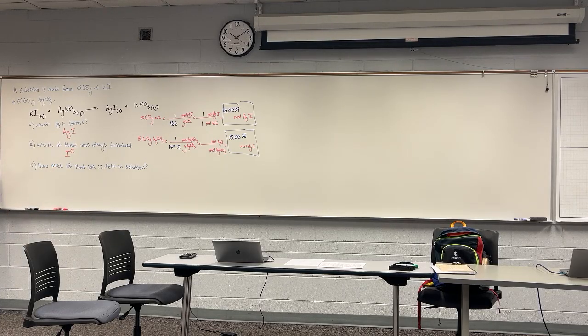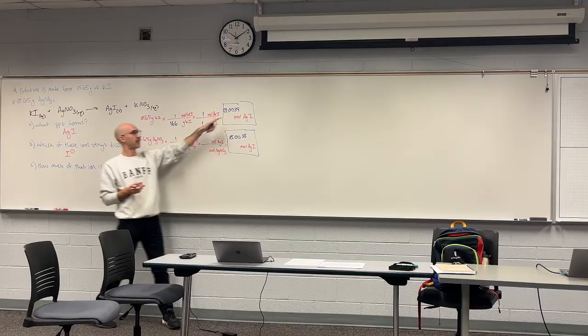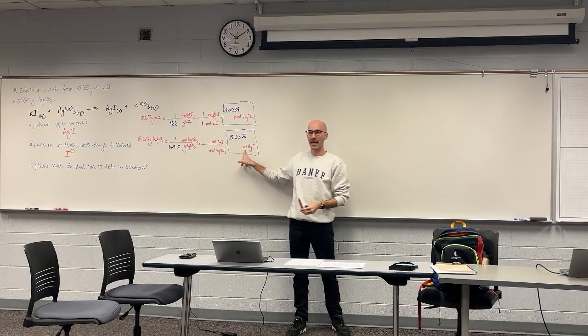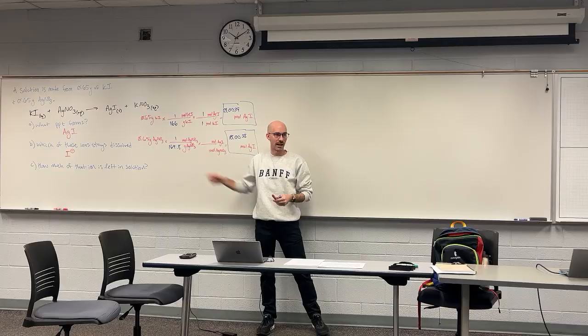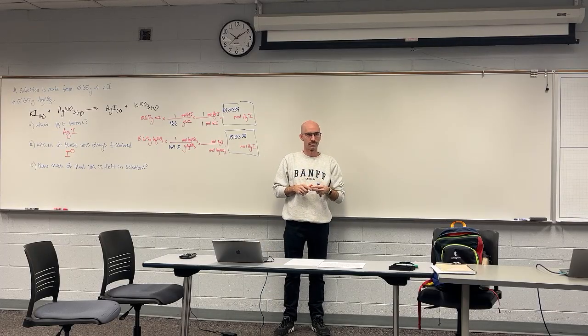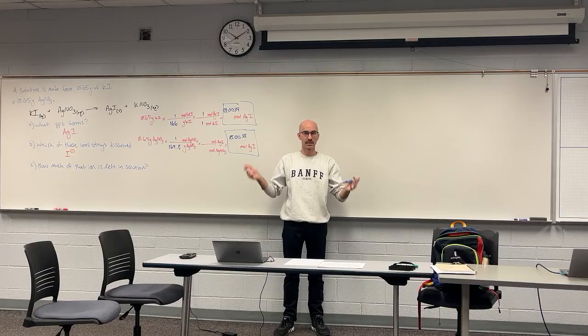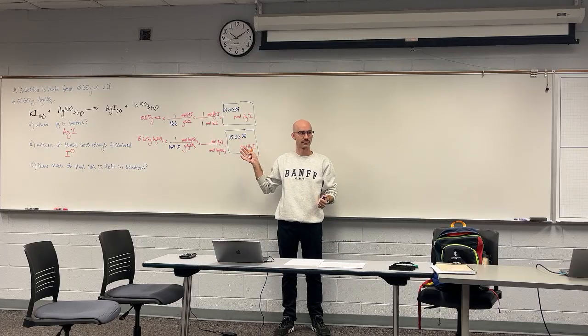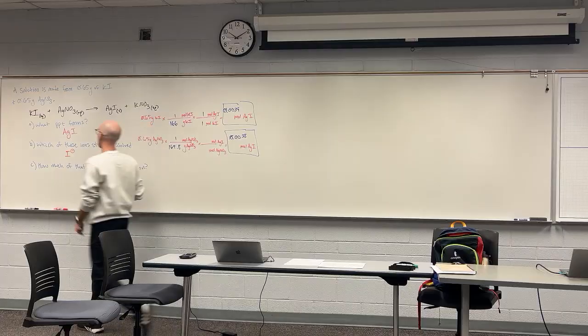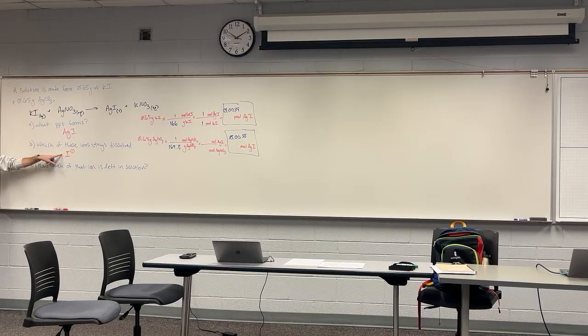There is not enough silver present to pull all of the iodide out, because there's more silver iodide that could be made, but I'll run out based on how much silver nitrate is present. You guys see the imbalance? We've determined our limiting is silver nitrate, our excess is iodide. That means there's going to be a little bit of iodide left over.